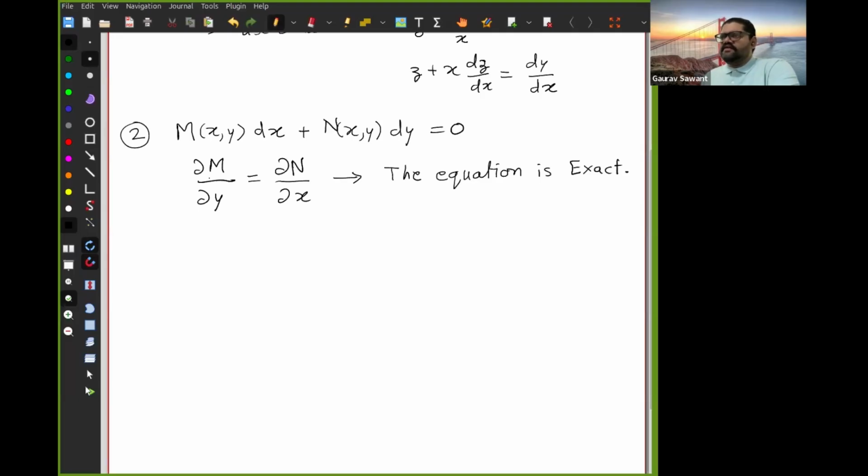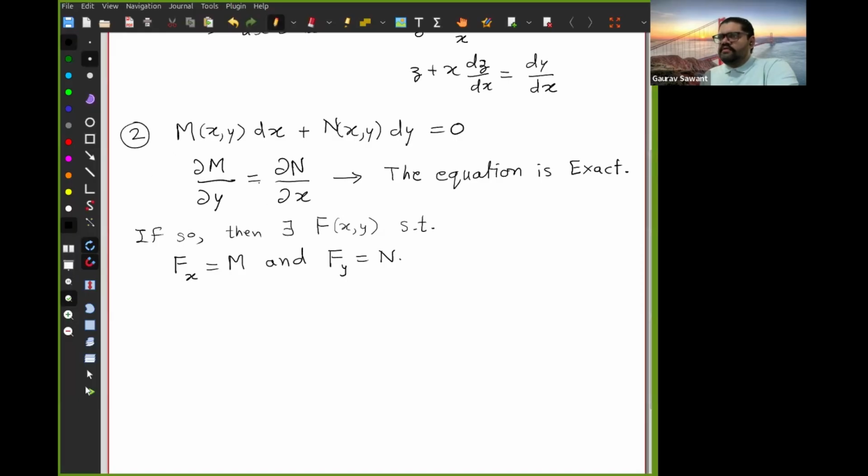The reason is that if this happens, then there exists some function capital F(x, y) such that, this time let me write the subscript notation, F_x equal to M and F_y equal to N. So this function F will have to be twice continuously differentiable in both the variables x and y.